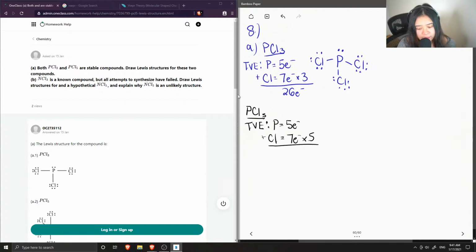So 35 plus 5, so that gives us 40 valence electrons. So phosphorus will be our central atom. And then I'm just going to have all of the single bonded chlorines and show all of their lone pairs.